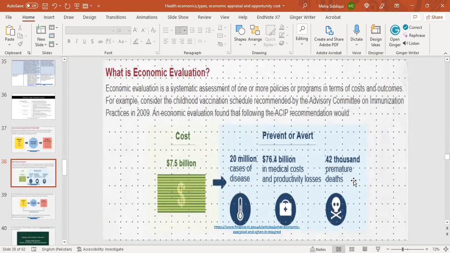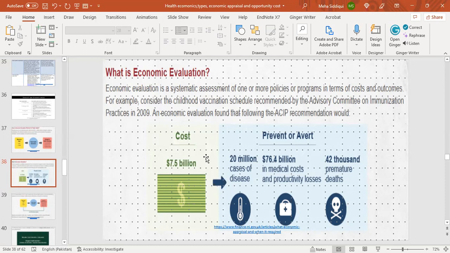What is economic evaluation? It is the systematic assessment of one or more policies or programs in terms of cost and outcomes. For example, consider the childhood vaccination schedule recommended by the Advisory Committee on Immunization Practices in 2009.